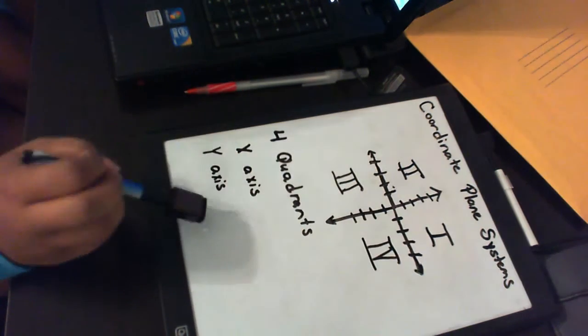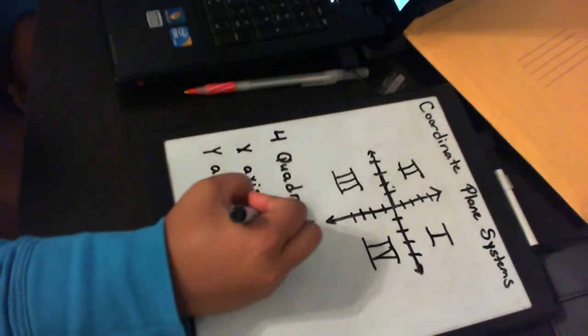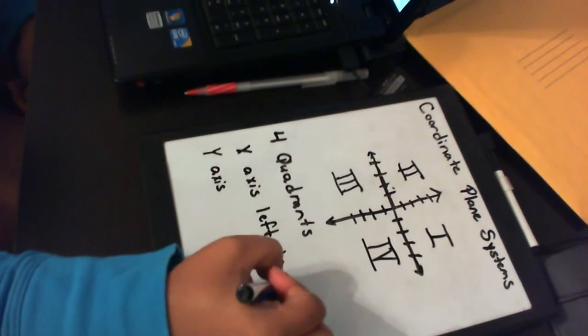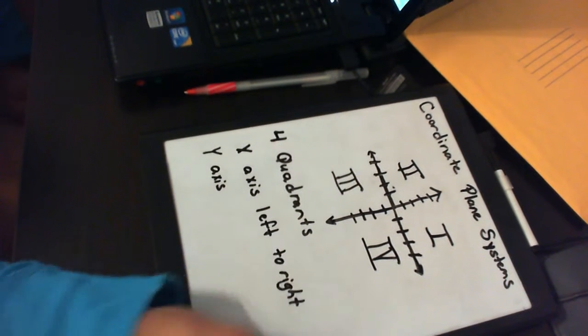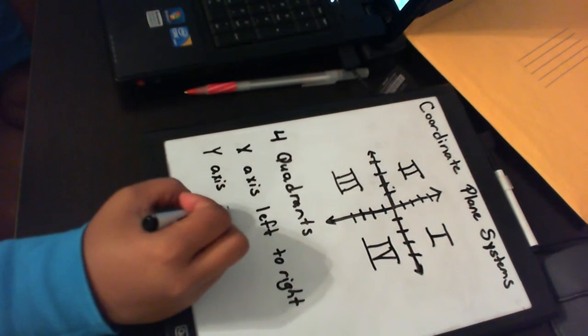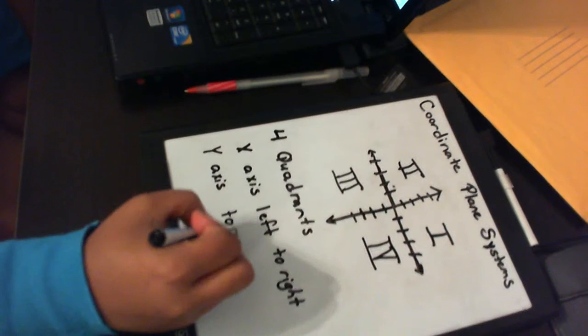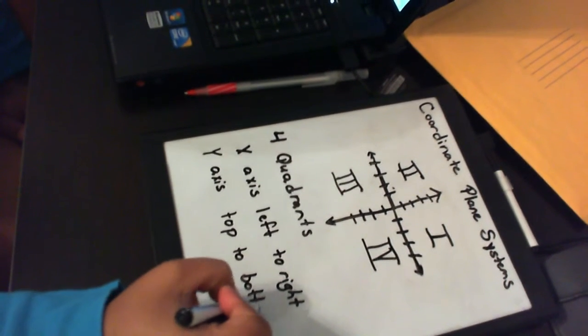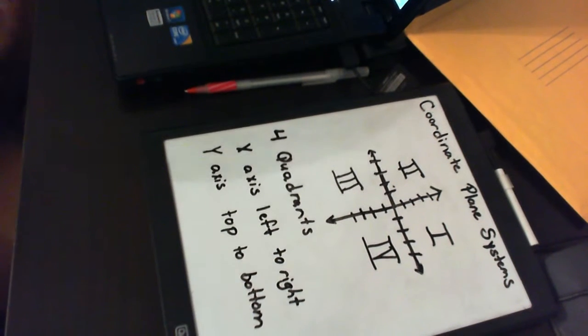So, the x-axis goes from left to right, and the y-axis goes from top to bottom.